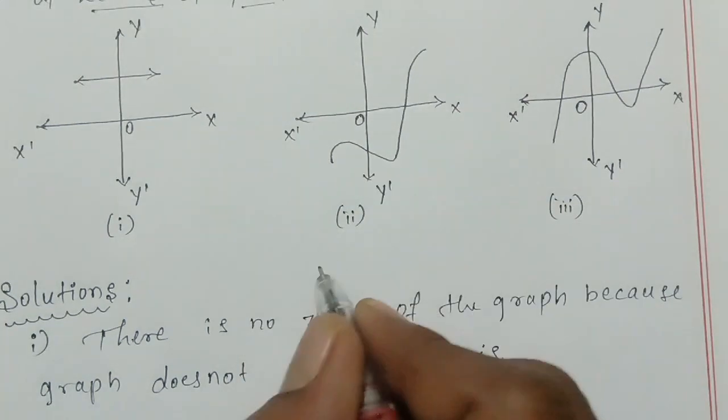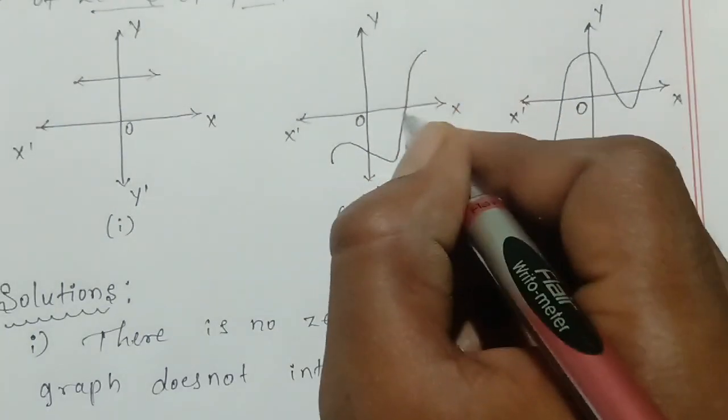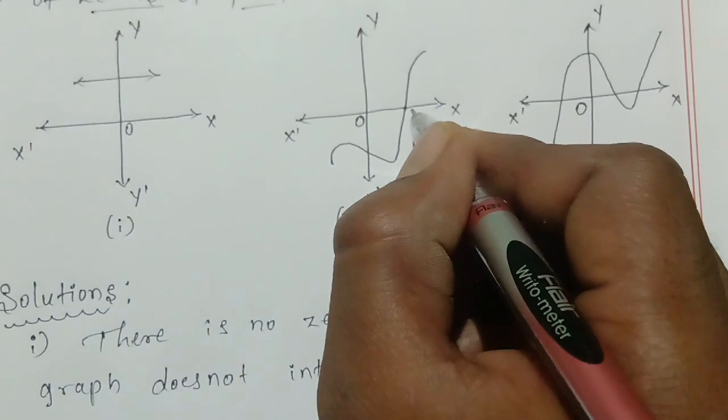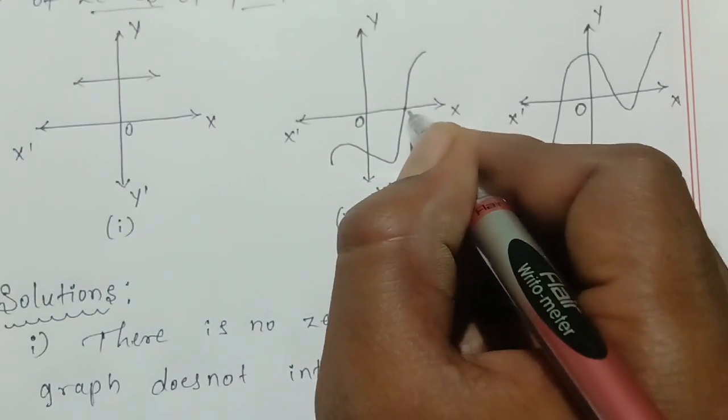Okay. Next, second figure. In this figure, the graph intersects the x axis at only one point. So that's why the number of zeros of the graph is 1.